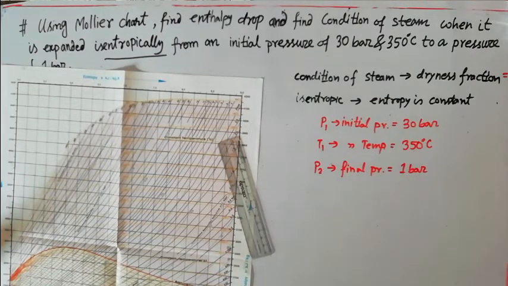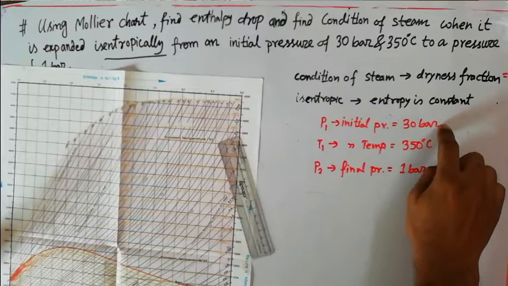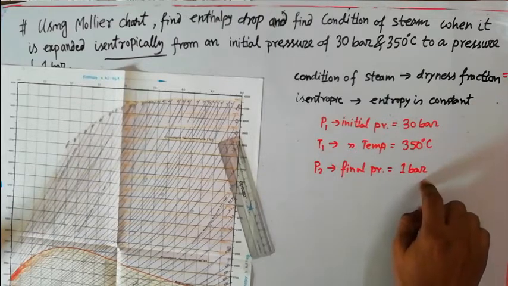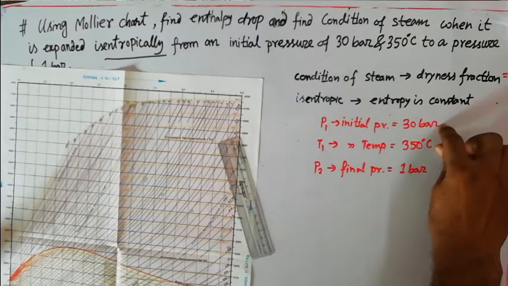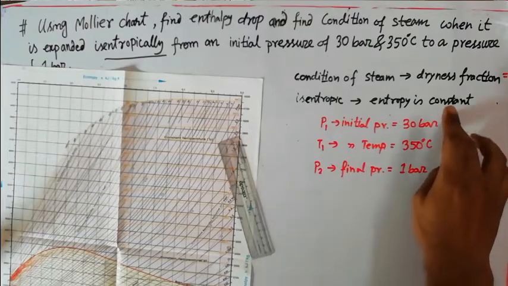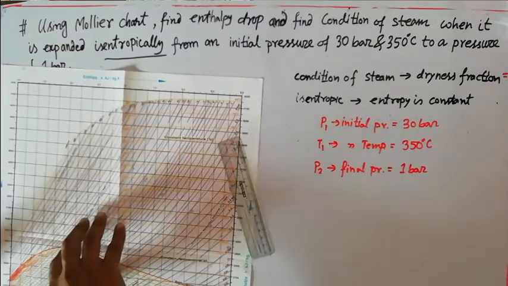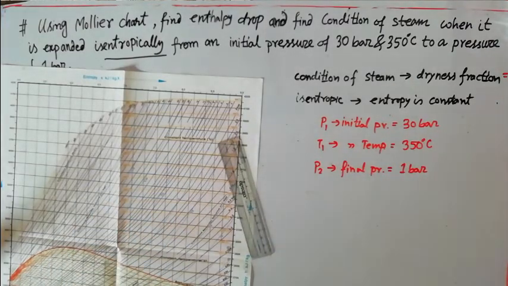Obviously while the expansion process is going on, the pressure is reduced and the volume is increased. Now we have to use these two initial values and the final value. These three values we have to project on that particular Mollier chart.